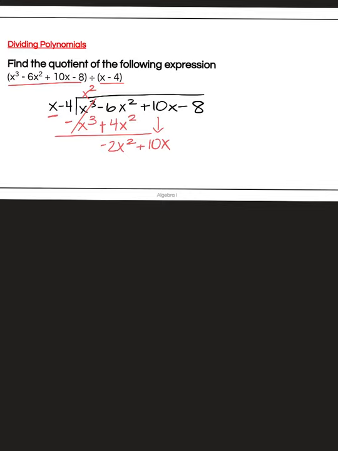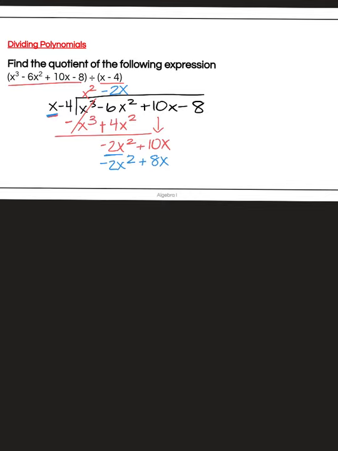Now, x times what is going to get me negative 2x squared? I need a negative 2, and then an x, because x times x gives x squared. So I take negative 2x and multiply it by x minus 4. Negative 2x times x is negative 2x squared, and negative 2x times negative 4 is positive 8x.